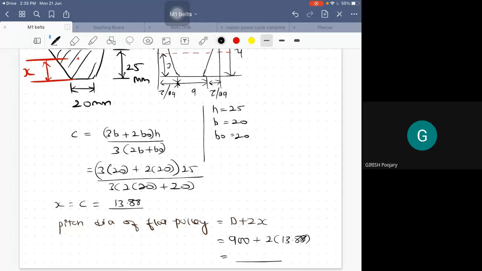So whatever you get is the pitch diameter of the flat pulley.